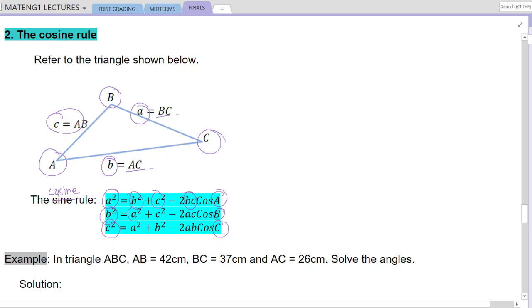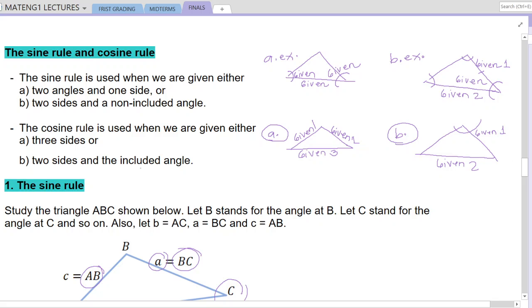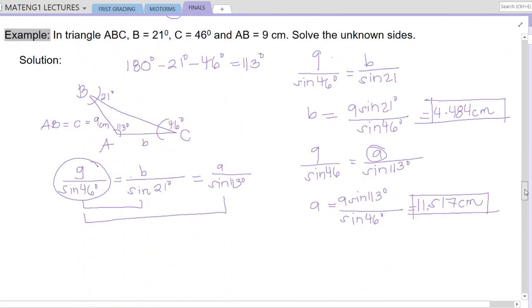And then for this one, AC, we subtract there 2 multiplied by AC also, and then AB here, so we subtract there 2AB also. Okay, so don't forget that if you're going to use cosine rule, if the given is 3 sides, or we are given 2 sides and an included angle also, we use cosine rule.